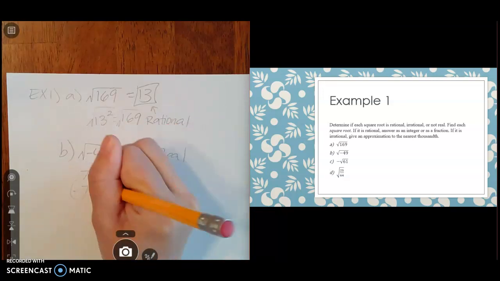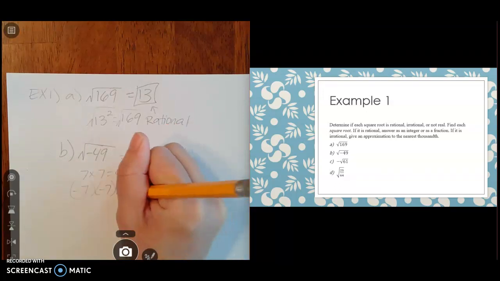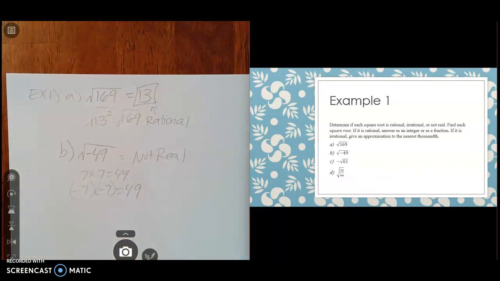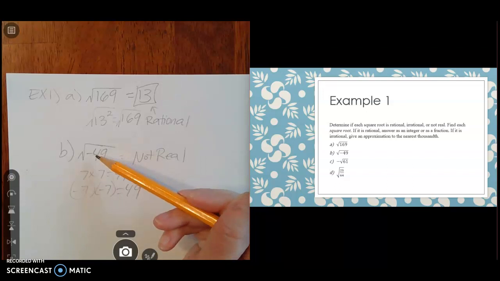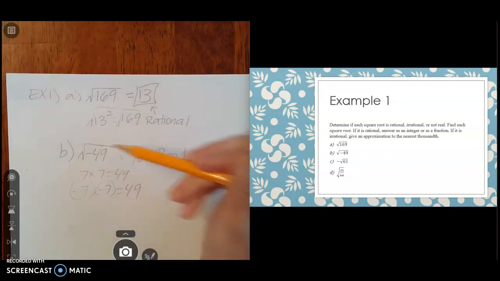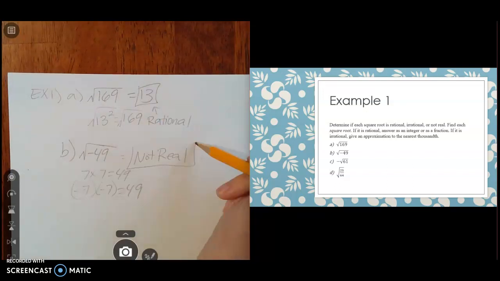If you had negative 7 times negative 7, you would still get positive 49. So any number multiplied by itself, a positive times a positive or a negative times a negative, you're going to get a positive answer, not a negative answer. And that's why these square roots of negatives give us a not real or an imaginary solution.